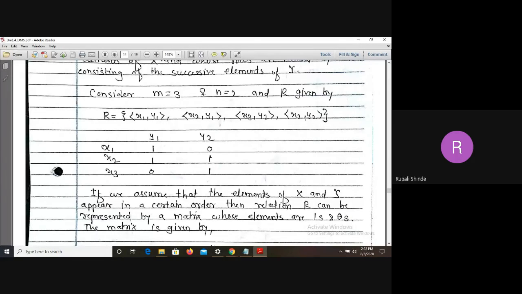And the last element is x2 comma y2. x2 is the row, y2 is the column, so again we write 1. For all remaining places we write 0 because those elements are not present in the given relation. So this is the relation matrix we have drawn for this given relation R.